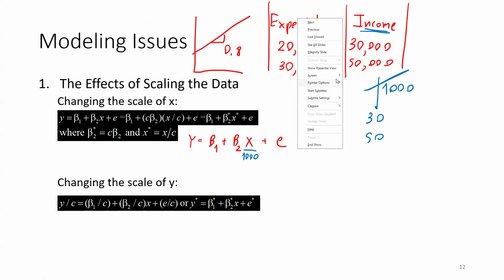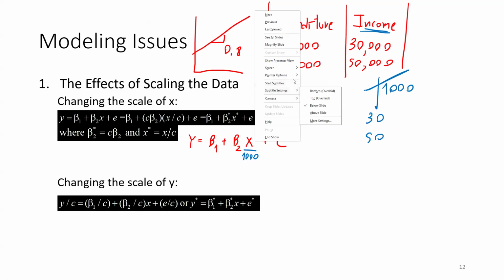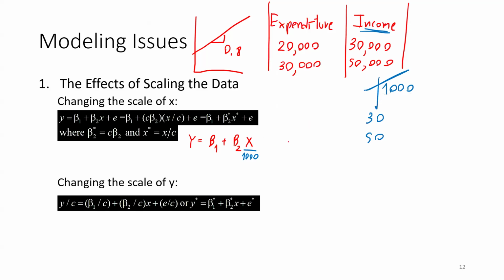Okay, so to make it valid, you have to multiply by 1000 back to make it equal to before. So after you divide by 1000, you have to multiply back by 1000. Why? Because 1000 over 1000 is 1.